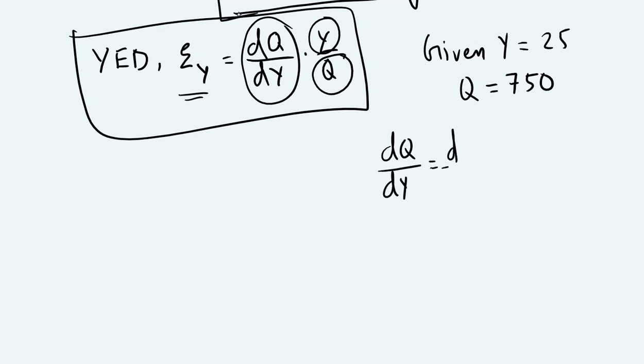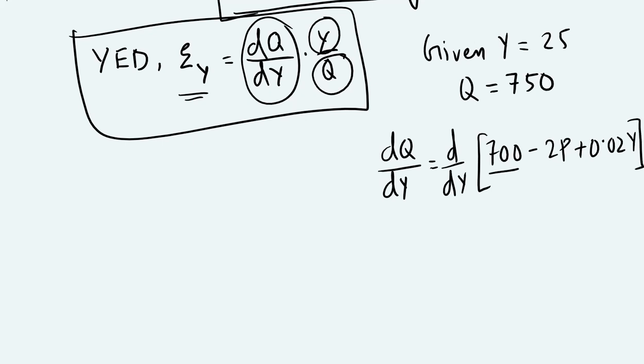Again, if I take the derivative of Q with respect to y, of 700 minus 2p plus 0.02y, then we're going to consider these two as constant. This is of course constant, and we need to consider price as constant as well.